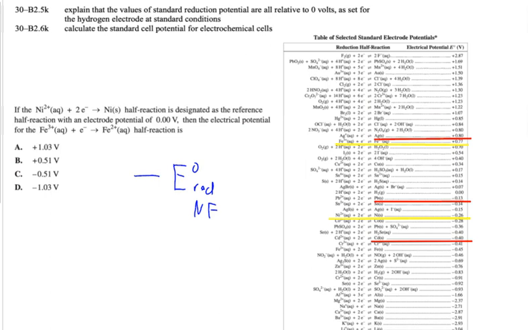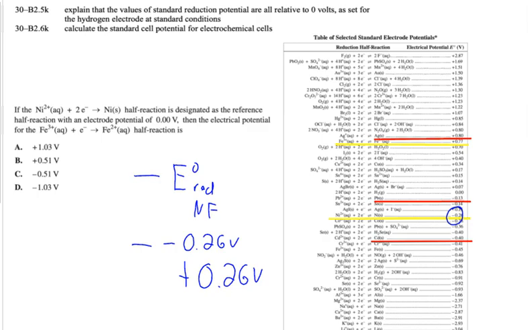We're going to subtract, and what do we have to subtract? Everything is highlighted in yellow for this first part, and it was negative 0.26 volts. So we have a double negative, so we just have to add 0.26 volts to any of our half reactions, and that would be the voltage under the new reference.